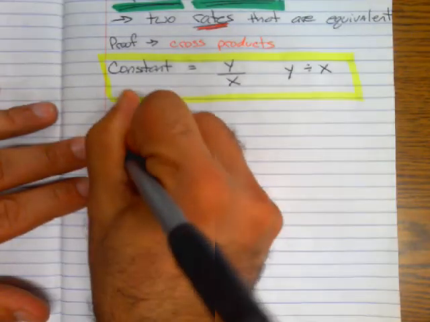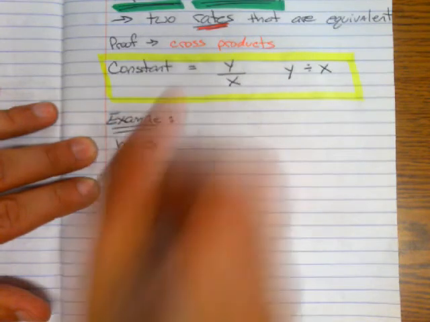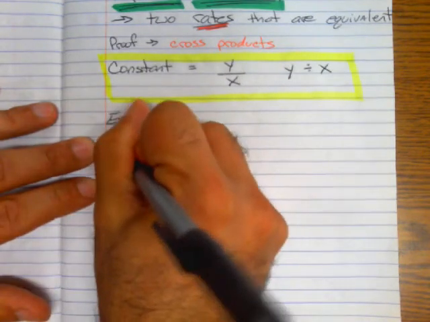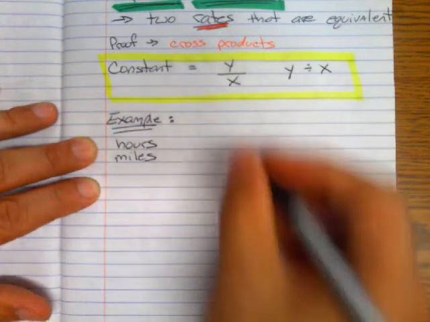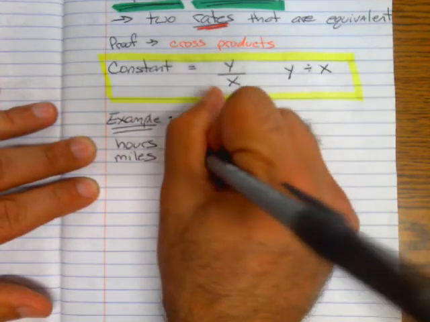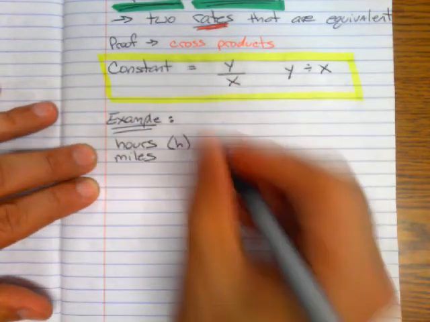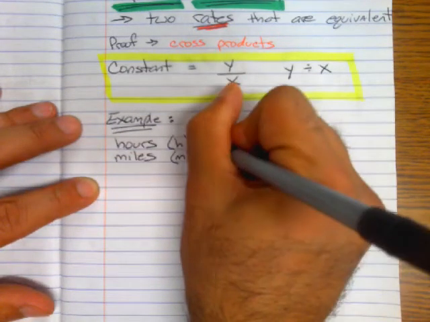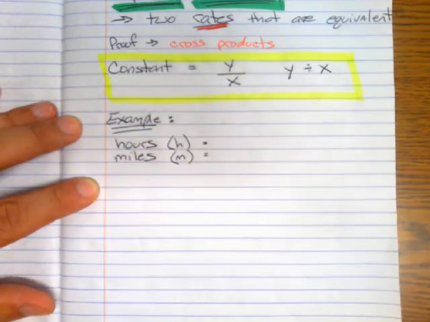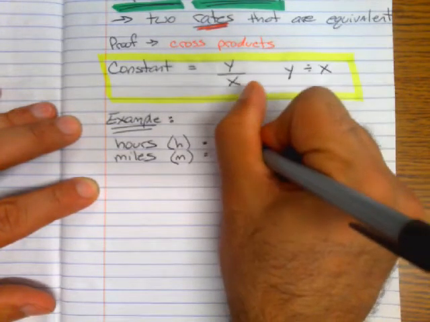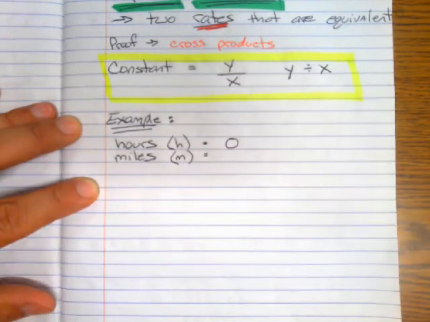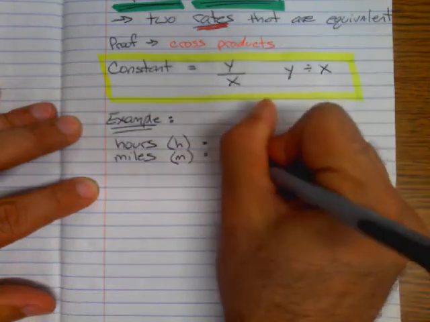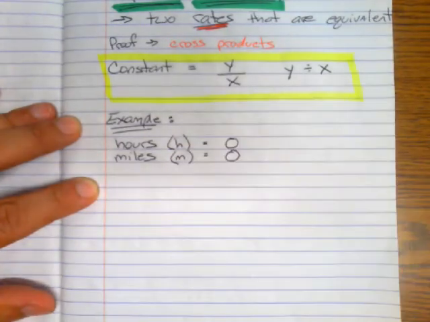So let's talk about hours and miles. Hours will be designated as an H. Miles would be an M. All right. So if I travel 0 hours, how far do you think we're going to get? Well, obviously it's going to be 0 miles.